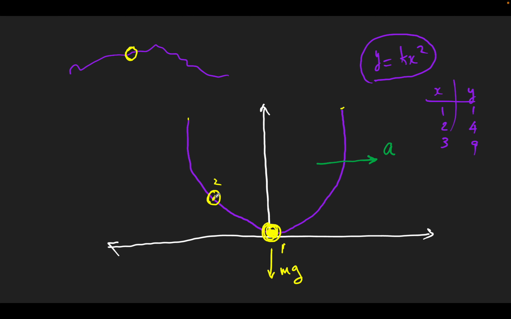So let's take this as the point where the bead is now at equilibrium, at rest. But the entire system is moving towards the right with an acceleration a. With respect to the wire, the bead has come to a point where it is at rest. We are asked to determine that distance from the y-axis.